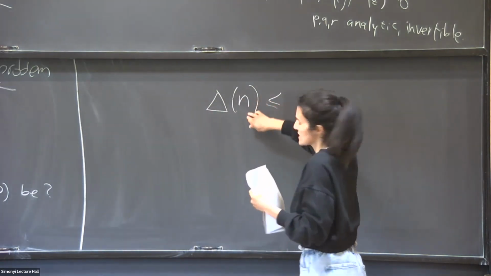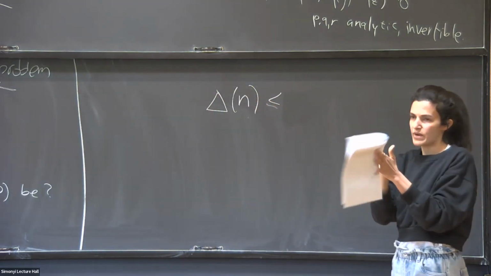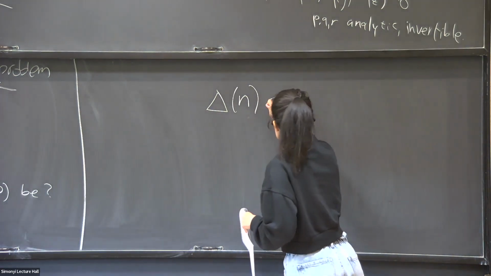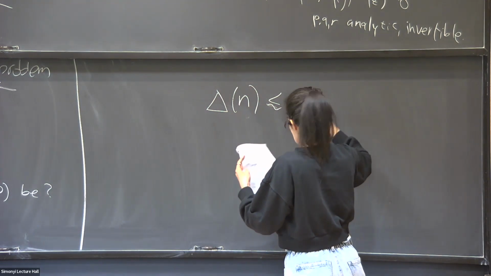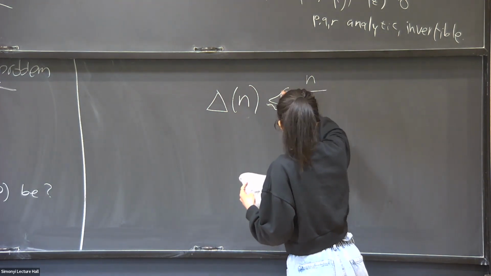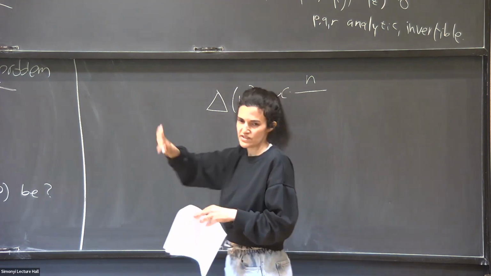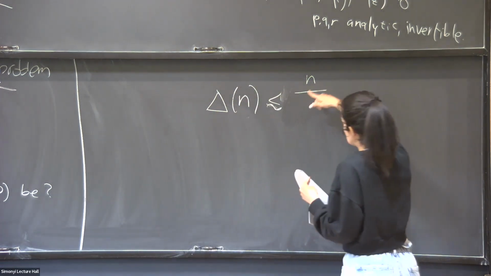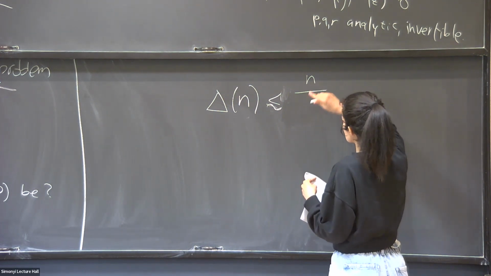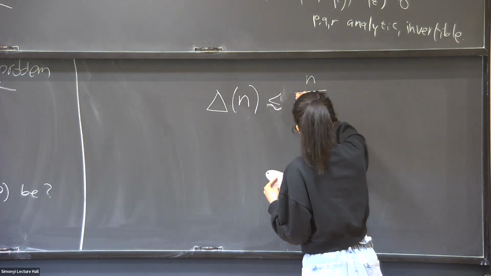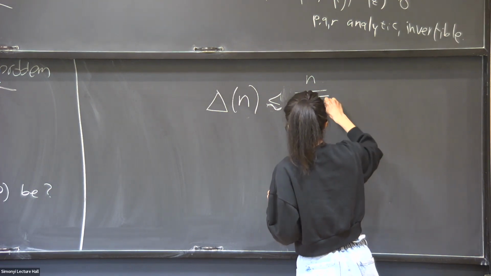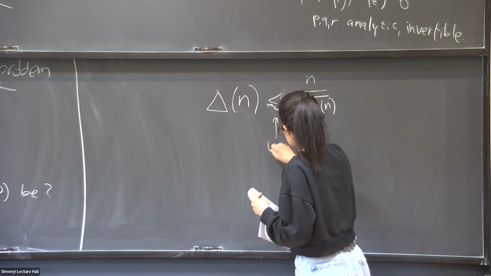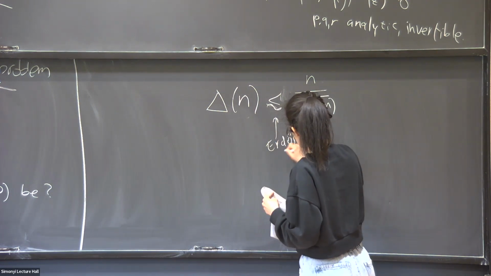Erdos gave an example of a balanced grid of size square root n by square root n, where the number of distinct distances spanned is at most a constant times n over square root of log n. Whenever I write a constant, it's a different constant. And so this is Erdos. He conjectured that this should be right.